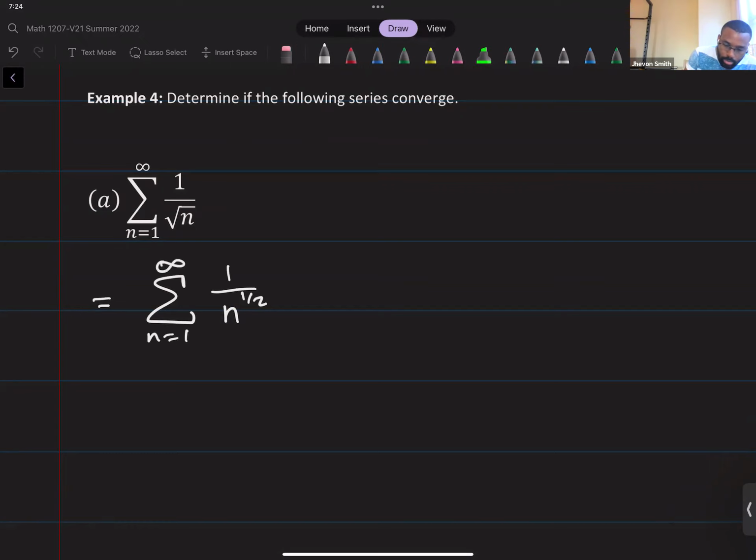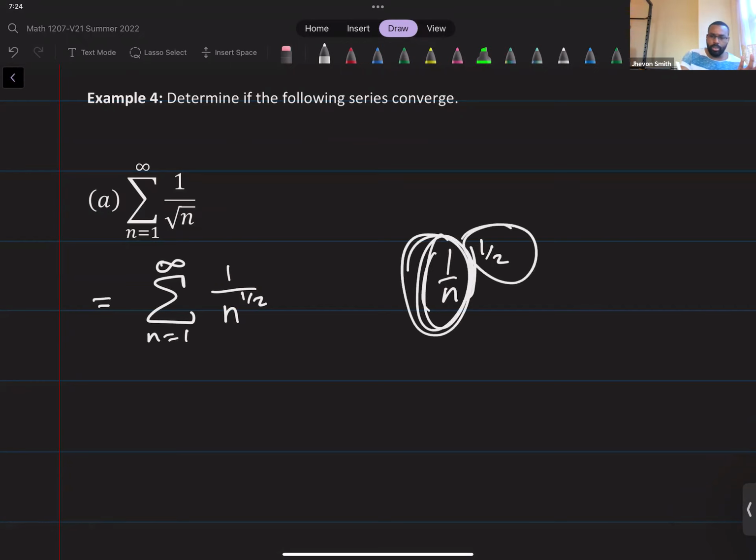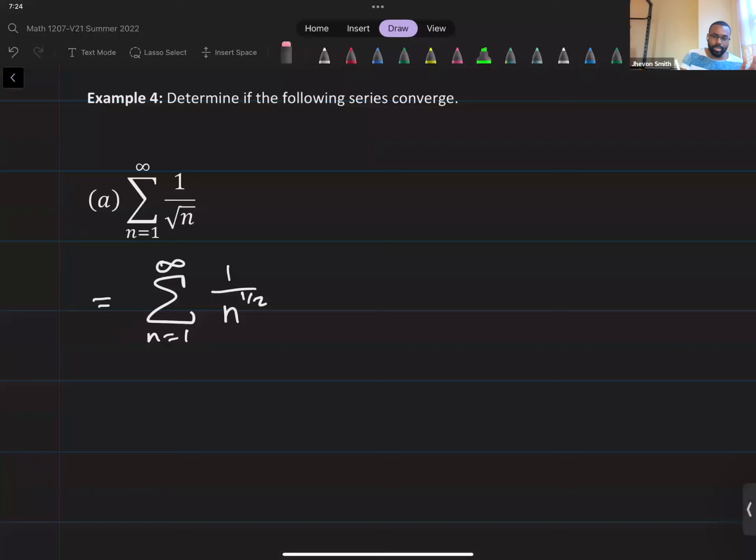Now, it is important for you to notice also, because we don't want to mix this up, that you would not want to write it as 1 over n to the 1/2 and then just think, oh, it's some sort of weird geometric series, because it doesn't look like a geometric series. For the geometric series, the base needs to be a constant, the power needs to be a variable. This actually happens commonly in calculus, so I just wanted to mention that.